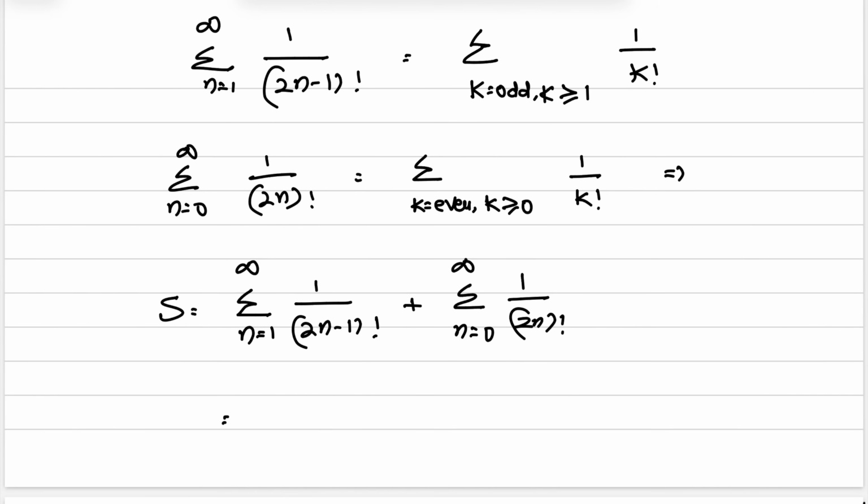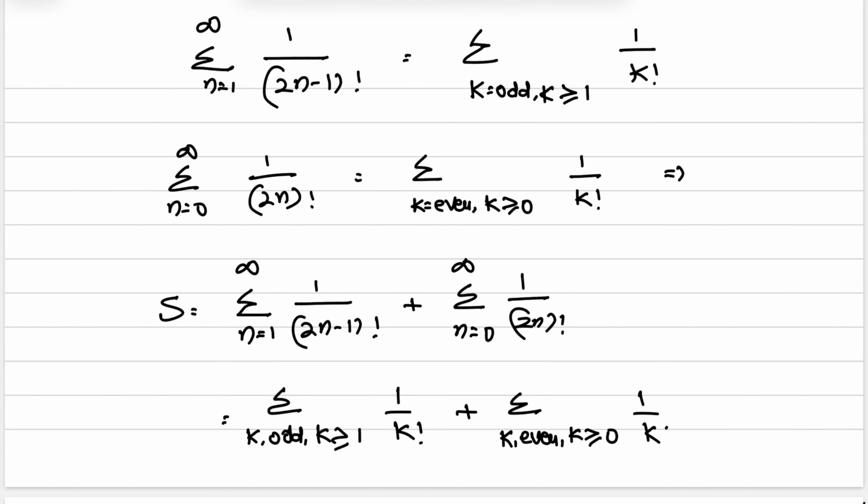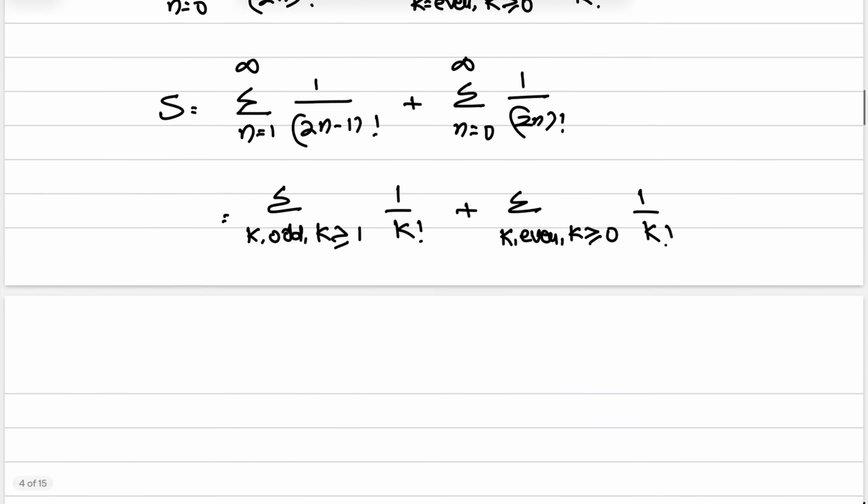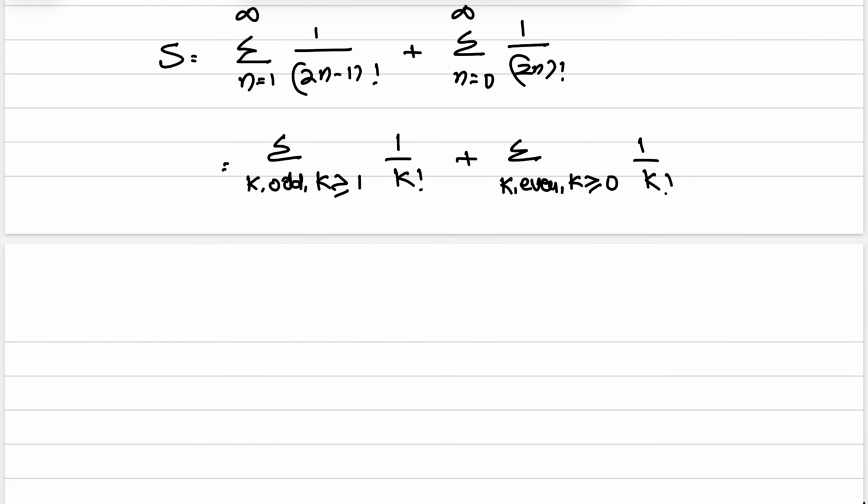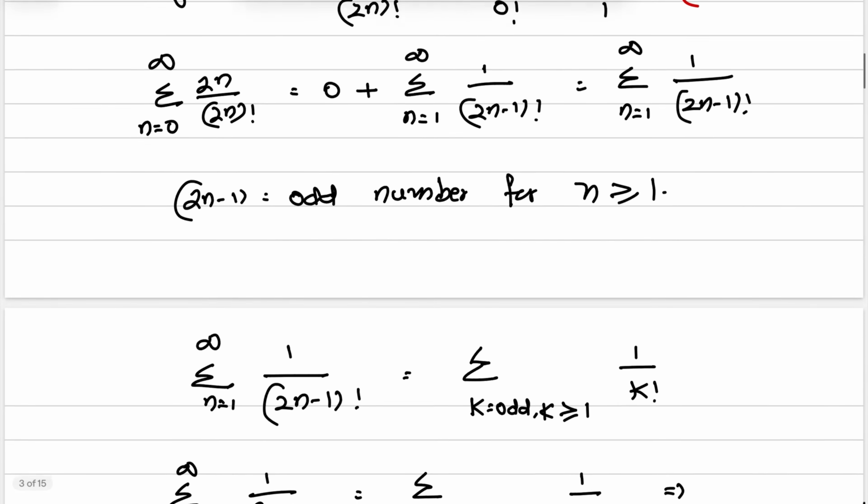That is equal to sigma k odd, k is greater than or equal to 1, 1 by k factorial plus sigma k even, k is greater than or equal to 0, 1 by k factorial. Because even for 0, the value is 0 here. What we have proved?